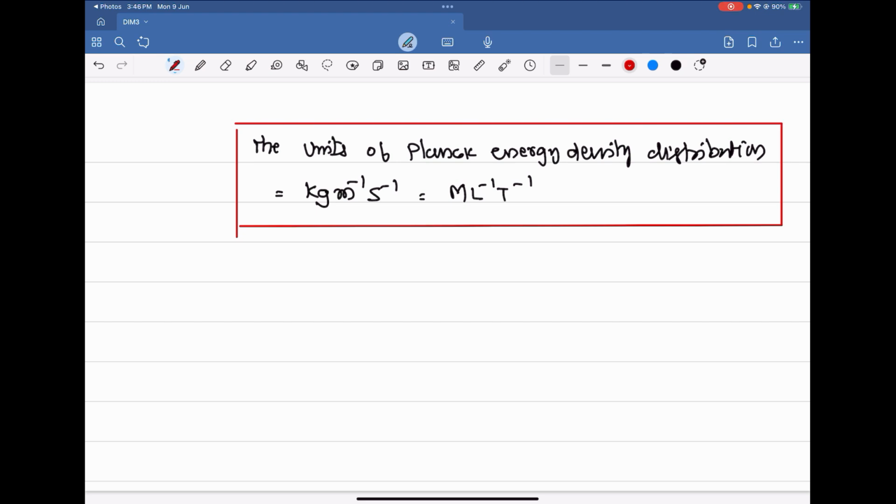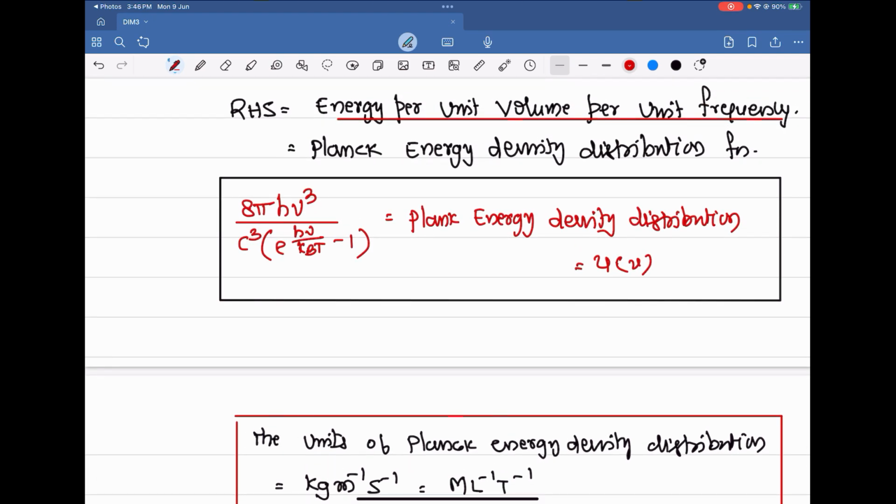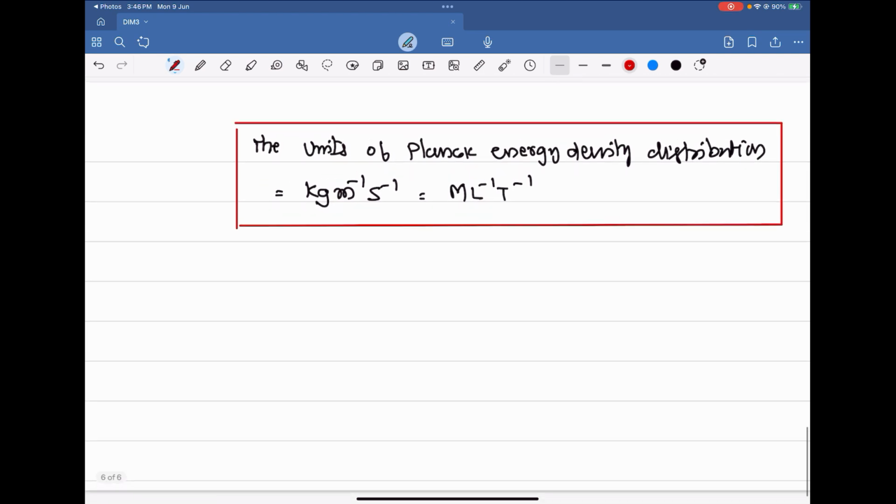And here, in the next class, I will be taking up the Boltzmann constant. I will give a hint. In the same equation, there is something called e to the power of h nu by kbt. This is the hint for the next class. e to the power of h nu by kb into t, where kb is the Boltzmann constant.